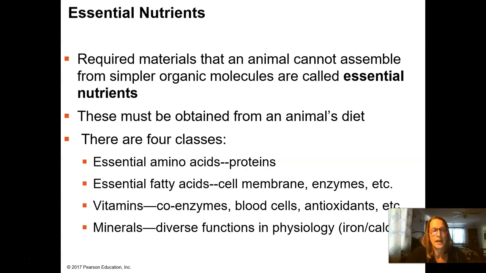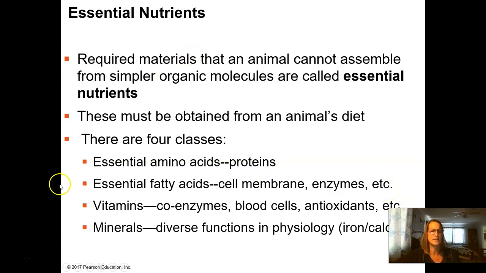So, and if they are essential nutrients, by definition, that means they must be obtained from the animal's diet. There are 4 classes of essential nutrients. There's essential amino acids, which are used to build proteins. There are essential fatty acids, which animals use to create cell membranes, enzymes, and other structures.